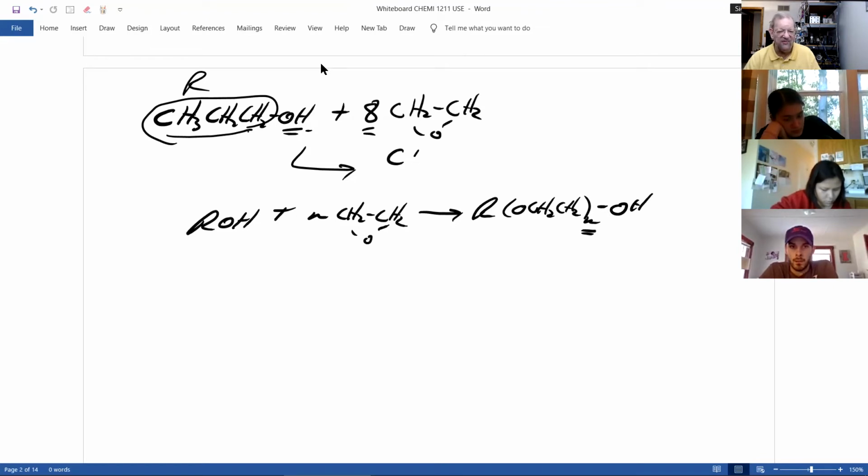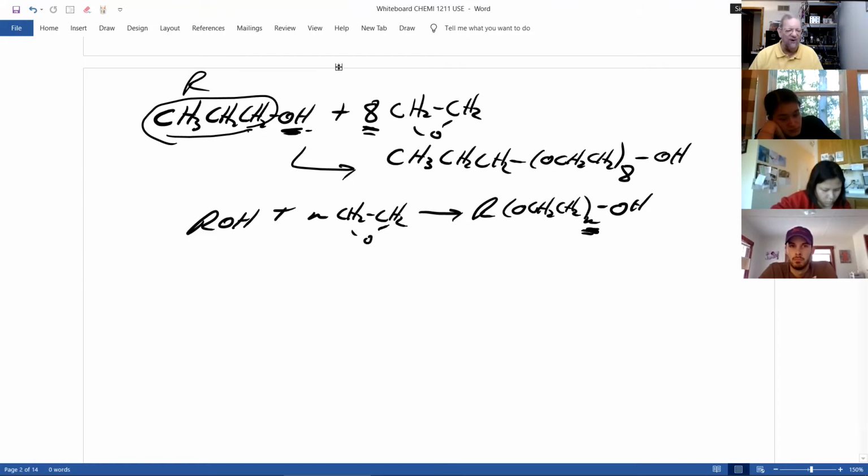What's our 3 carbons? And the carbon with the hydroxyl group is bonded to the first oxygen in the bracket: bracket, O, CH2, CH2, closed bracket. What's N? In this case, 8. And that's what you get. Oh, I like these.